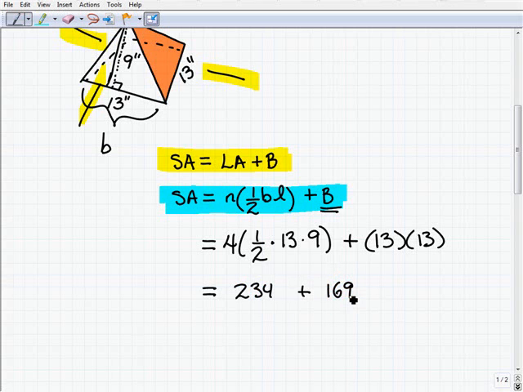So let's add these two numbers together for our grand total of 403. Now, 403 what? Remember units of measure when we're talking about area and volume. The measurement here is in inches, so our area is going to be expressed in inches squared. That's the surface area of this square pyramid.